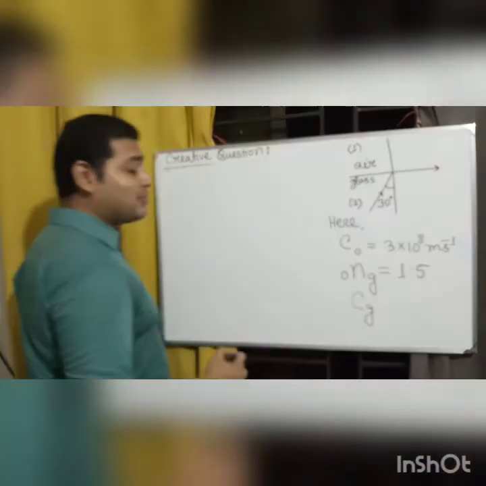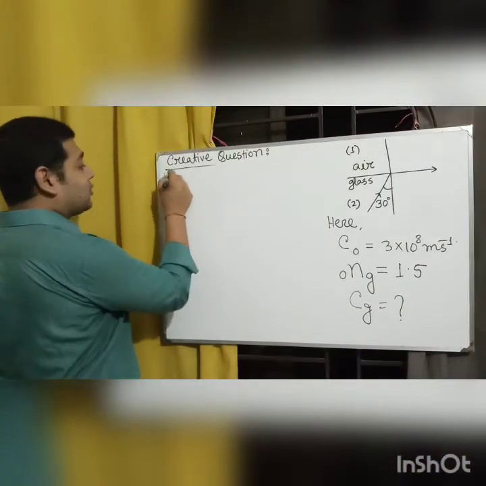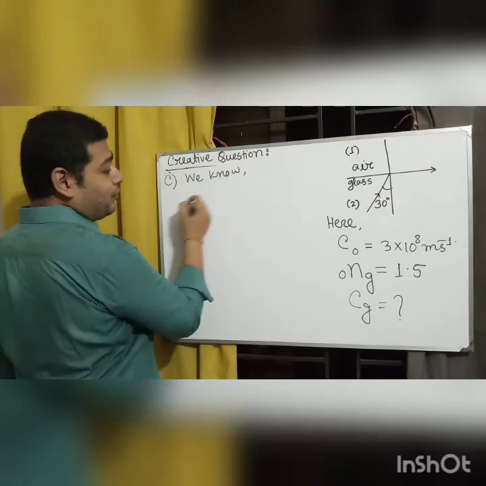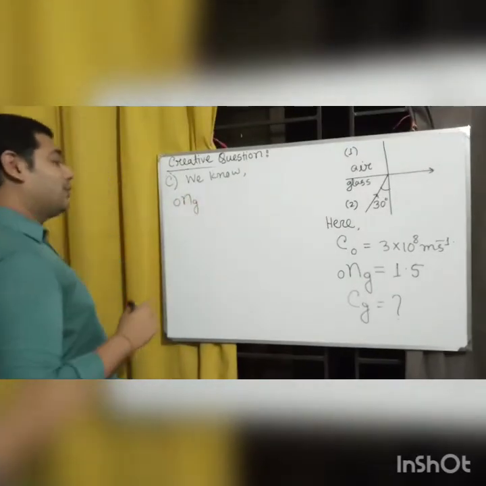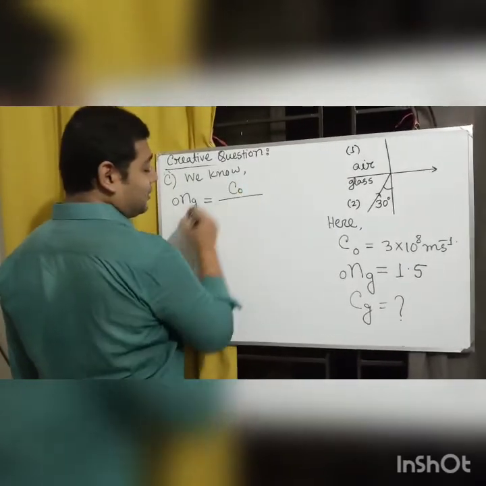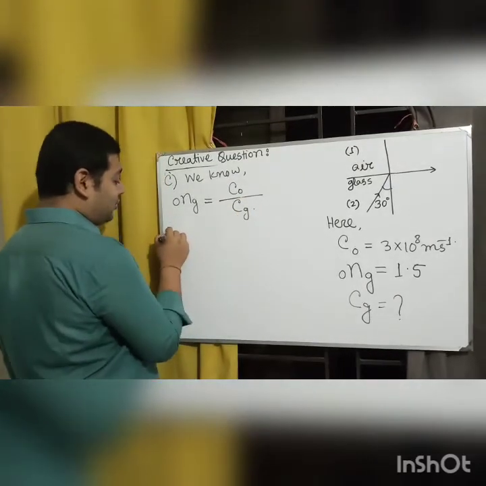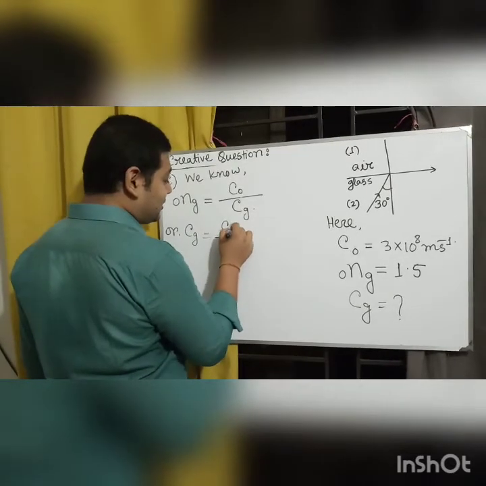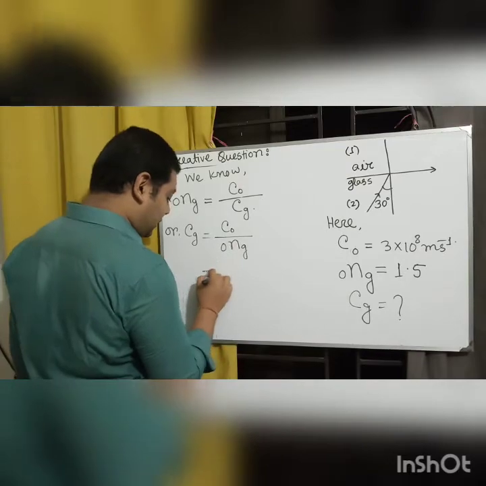So we need to determine C_g equal to what? We know n_g equal to C_0 by C_g. So C_g equal to C_0 by n_g.